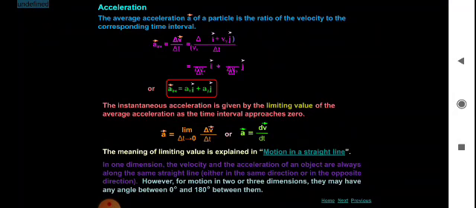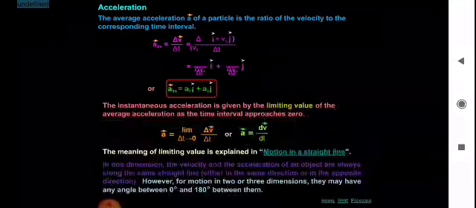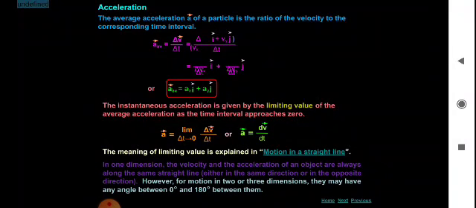The instantaneous acceleration is given by the limiting value of average acceleration as the time interval approaches 0. Instantaneous acceleration is the acceleration at a particular instant of time, obtained as the time interval approaches 0.